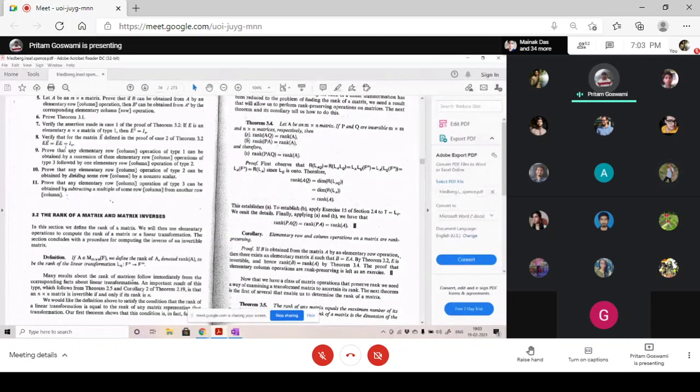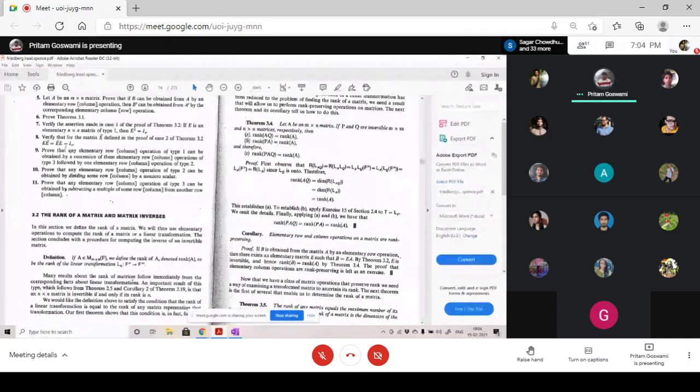I am not going through the proofs for you guys because it is not important for exam purposes. But the statements of the theorems are mainly important for you. If you understand the statement properly, then you can use it for problem solving. But I will encourage you to go through the proofs because they will make the subject more interesting to you.